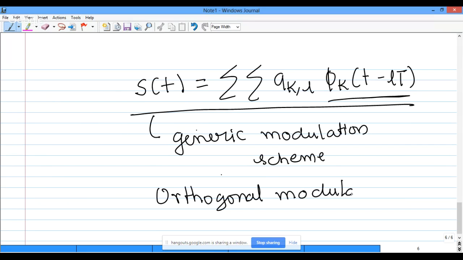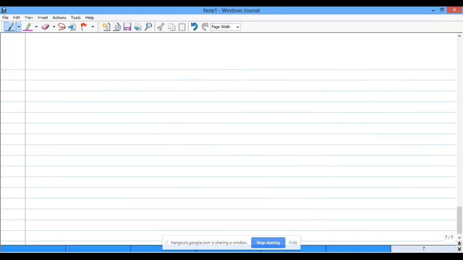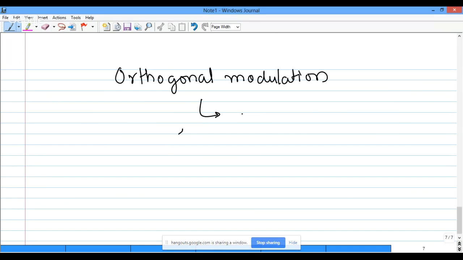And we have seen, I think, in the lecture on orthogonal modulation schemes, that we like these orthogonal modulation schemes because they are the most power efficient modulation schemes.